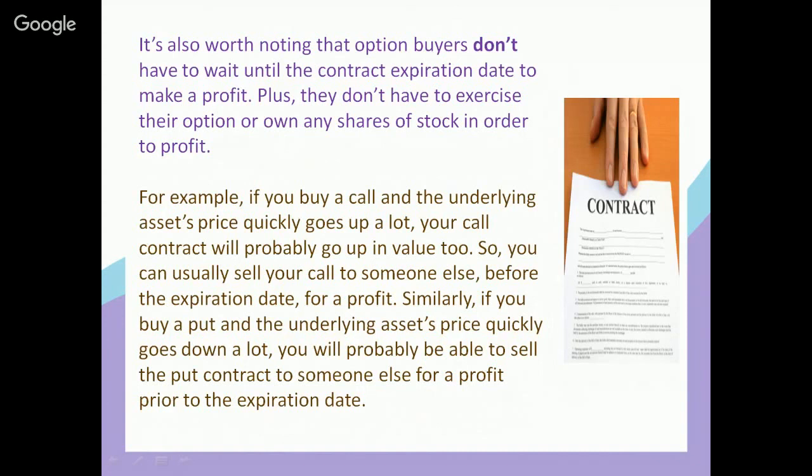Remember, you could exercise it on November 18th or before. But there's another thing you can do. Plus, they don't have to exercise their option at all or own any shares of stock in order to profit, because you can also resell option contracts to other people. You don't have to hold on to it.